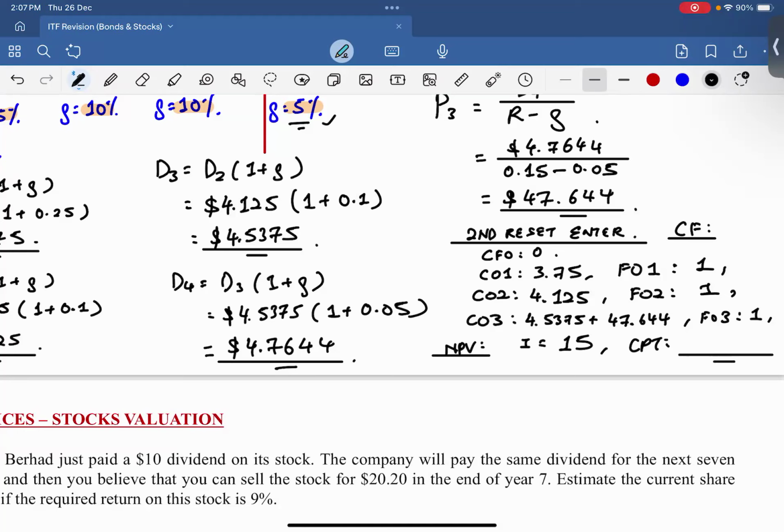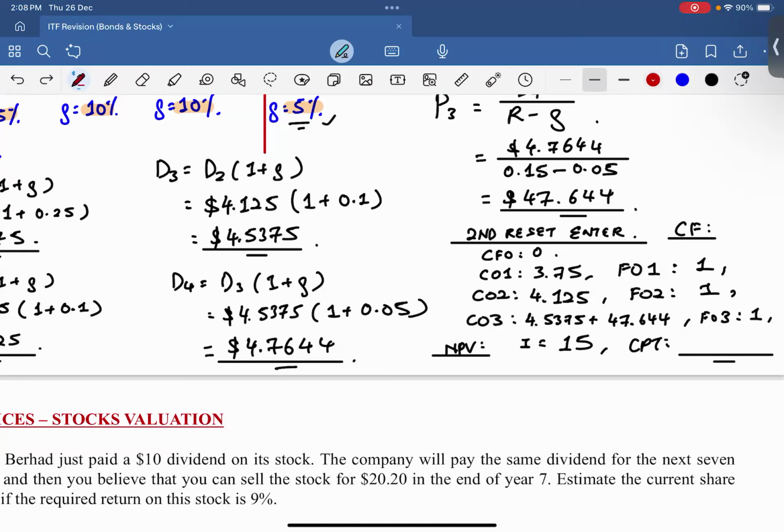Try and see. Remember to press enter after you key in all these values.